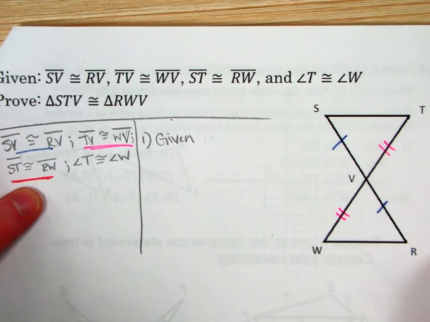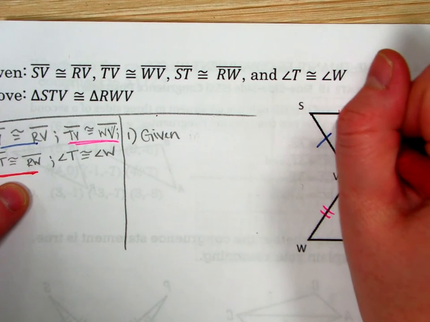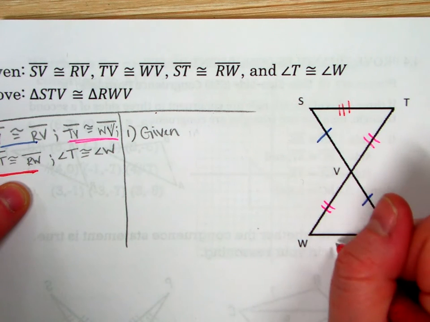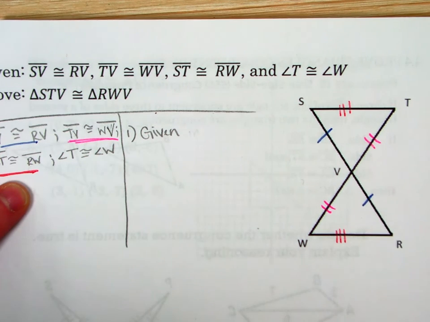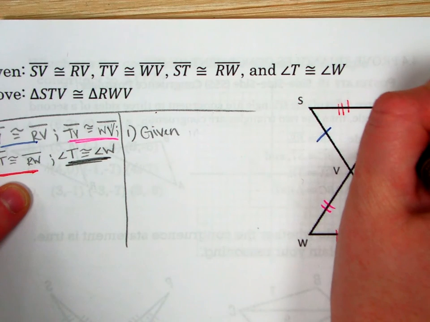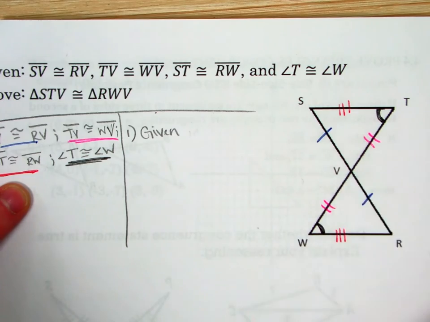Segment ST is congruent to segment RW, and the order of the letters does matter. And angle, so let's use black. Angle T is congruent to angle W. So that's all my given information.